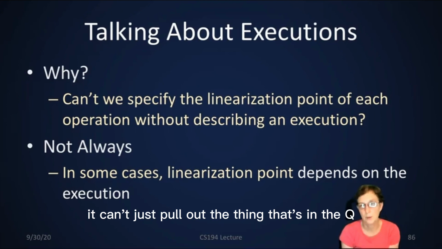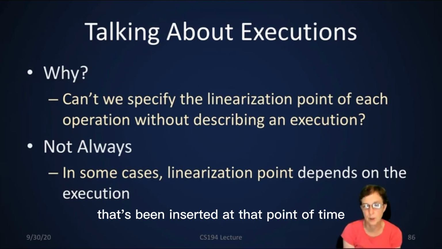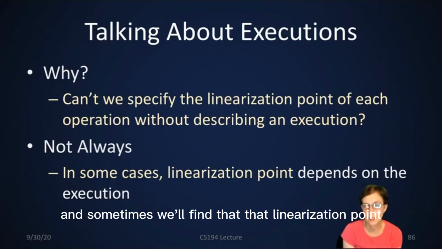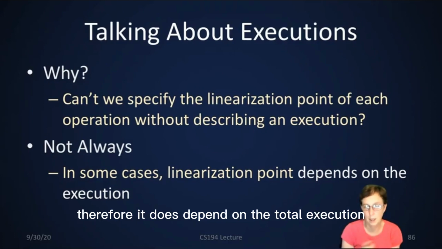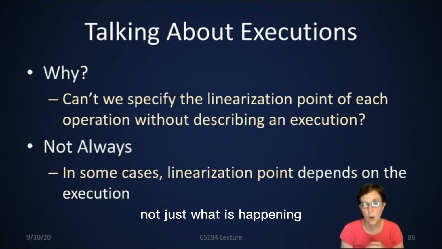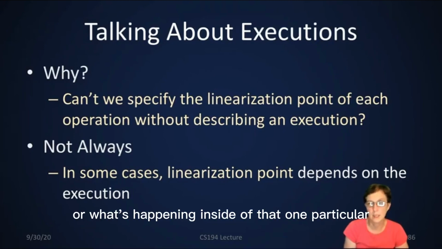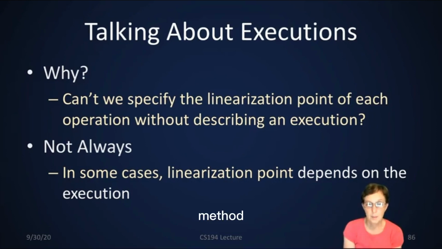It can't just pull out the thing that's being inserted at that point in time. Sometimes we'll find that the linearization point therefore does depend on the total execution, not just what is happening, say, in a given instant in time, or what's happening inside that one particular method.